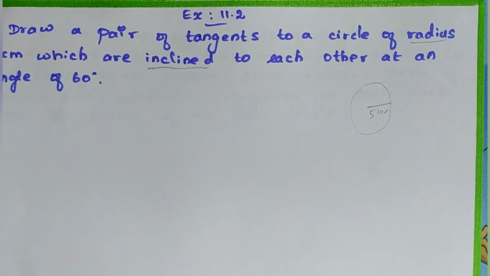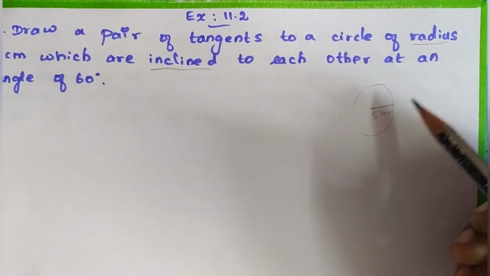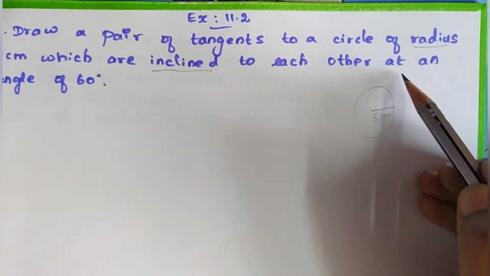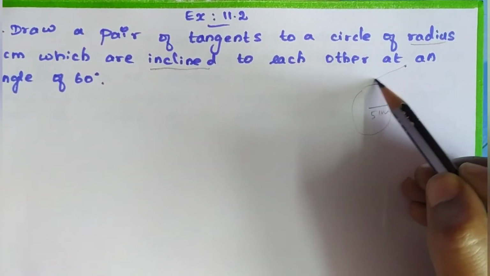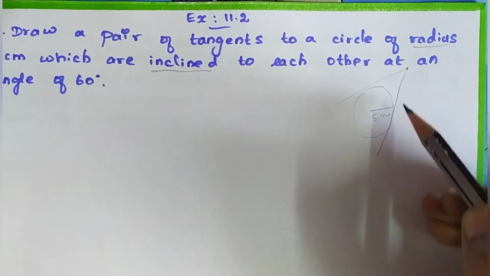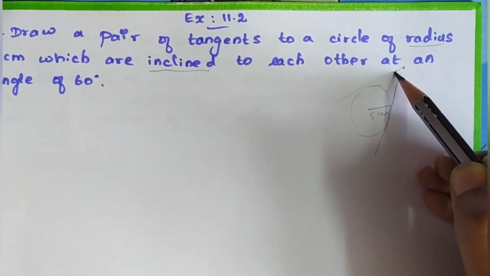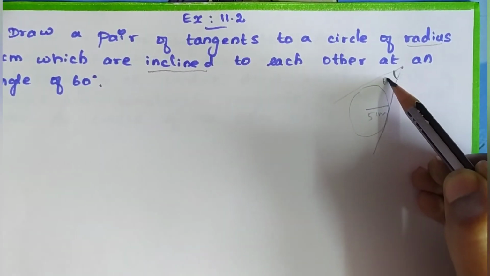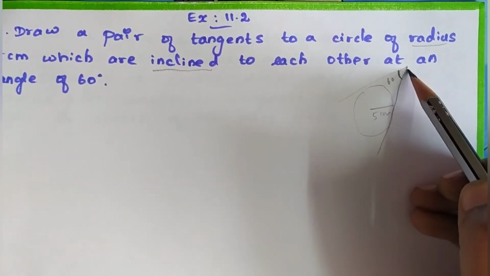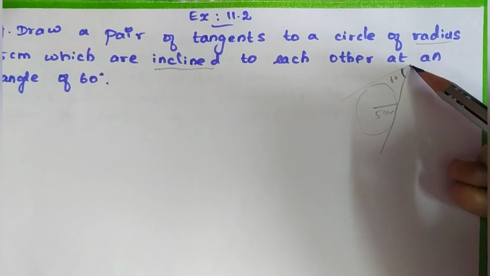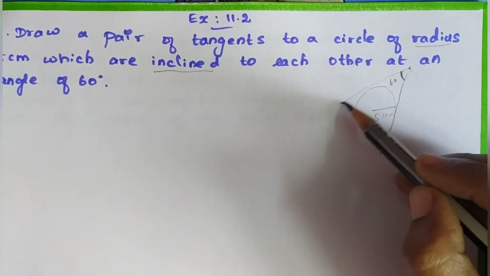If the point is here, the tangent will pass like this, and this inclined angle must be 60 degree.